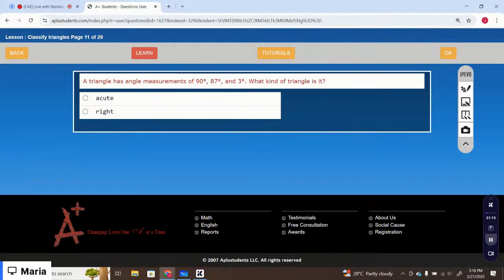A triangle has angle measurement of 90 degrees, 87 degrees, and 3 degrees. What kind of triangle is it?